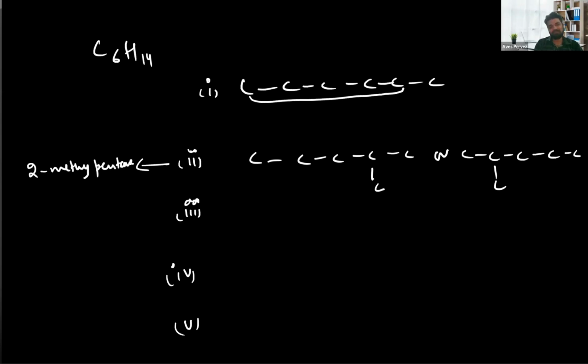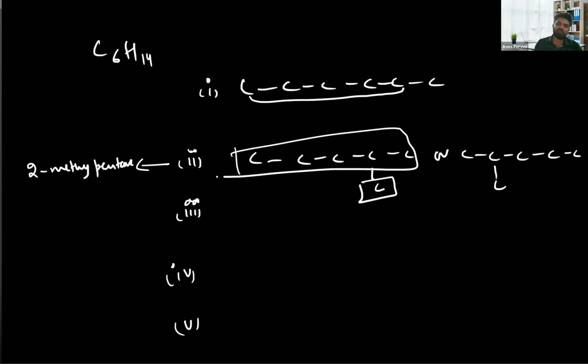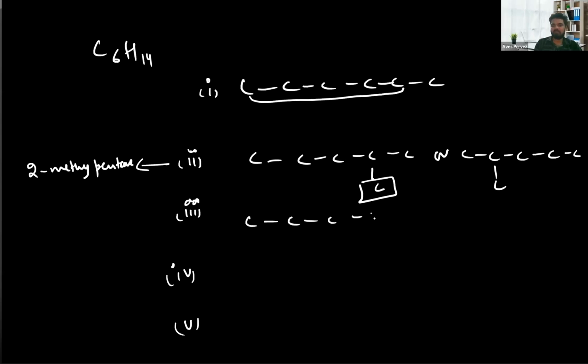Why? Because at the 2 position it is methyl. And why pentane? Because it is a 5 carbon main chain. Another one we can have the same, but we can change the position. From 2 we get 3. So this is 2-methyl pentane, and this is 3-methyl pentane.